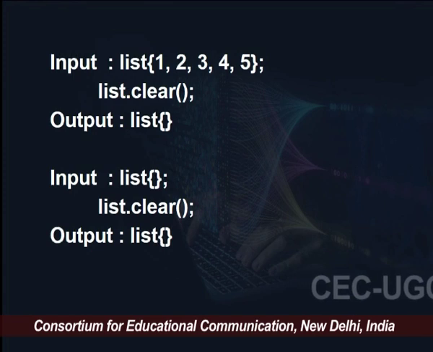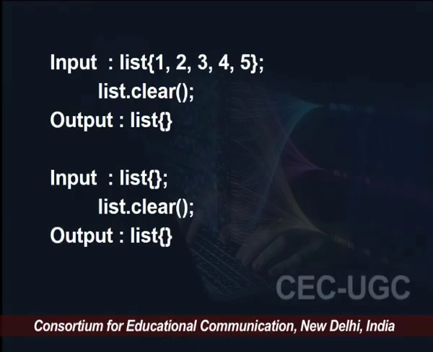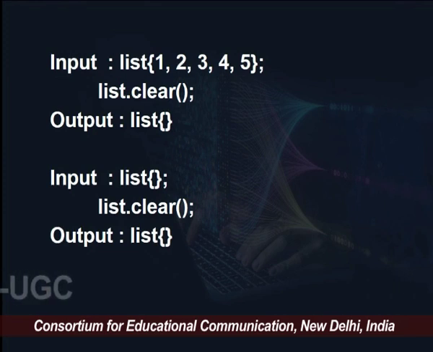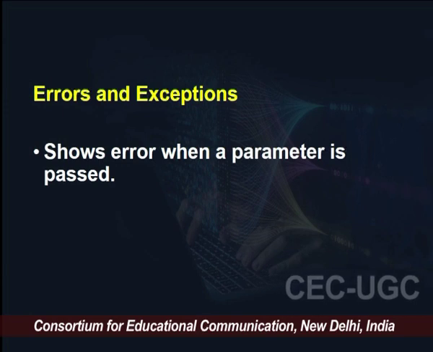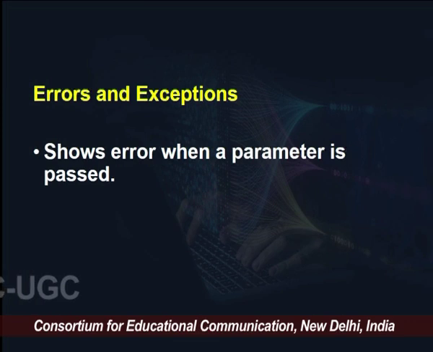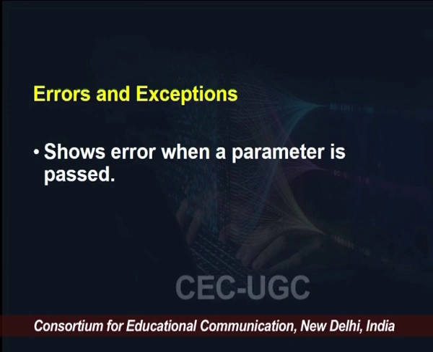Here we have seen the erase function accepting a range, and after that we have also seen the clear function. The clear function is going to give an error when a parameter is passed to it, because as per the proper syntax it does not accept any parameter.